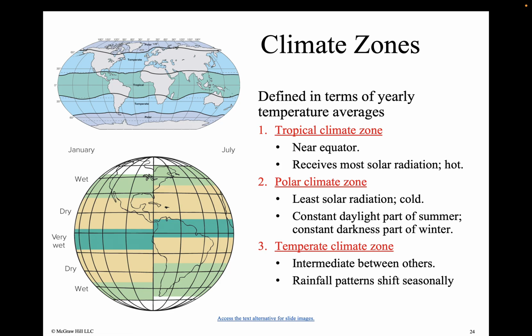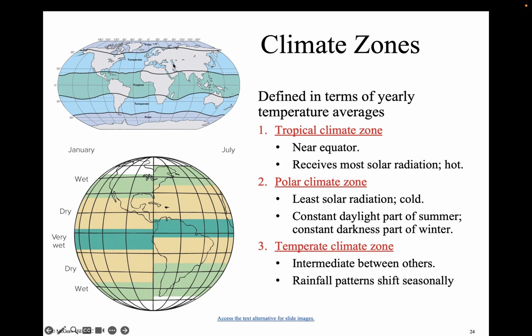Then we have the temperate climate zone, which is where the US is found, most of Europe as well, Russia as well. And then in the south, this is where Chile, for instance, and Australia are found.